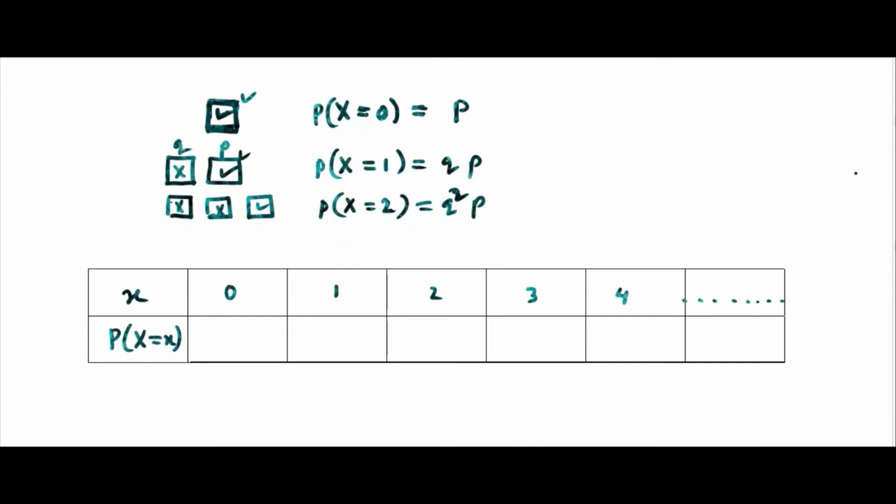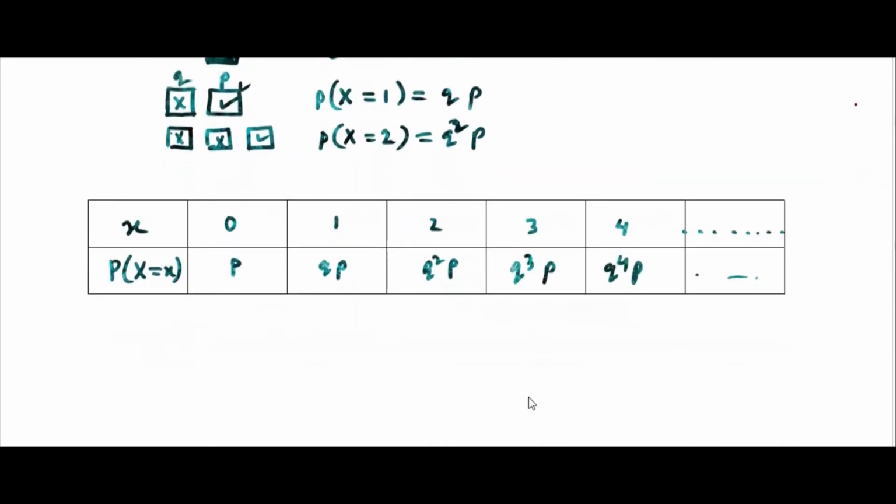The first one is P, and the second one is QP, then Q square P. But remember, in the first case, the former case, type 1, we wrote 1, 2, 3. Here we have written 0, 1, 2. There is a difference, okay? Q power 3P, Q power 4P and all that.